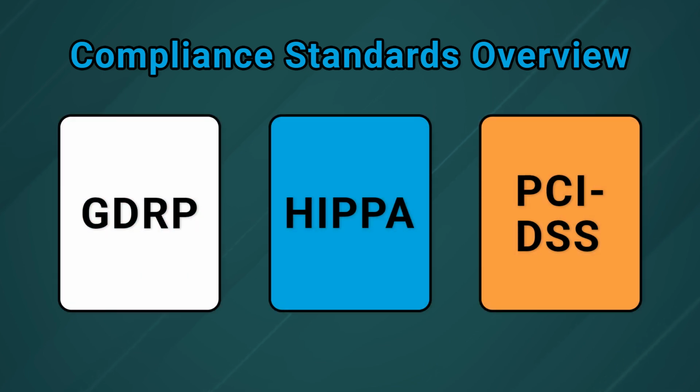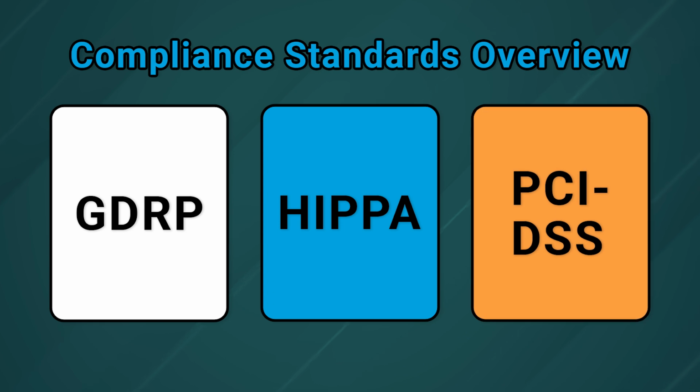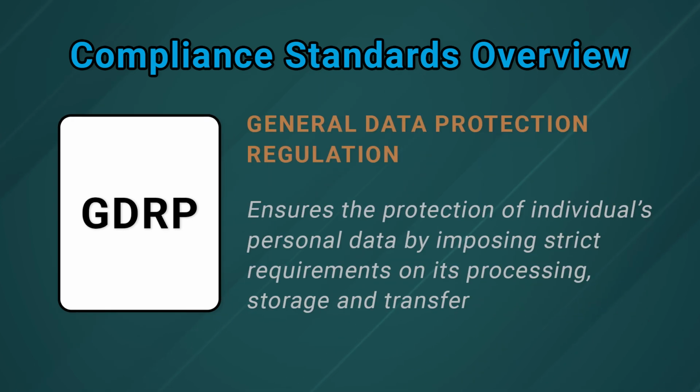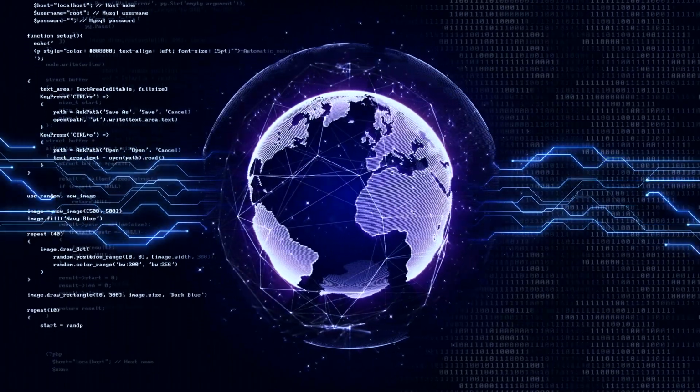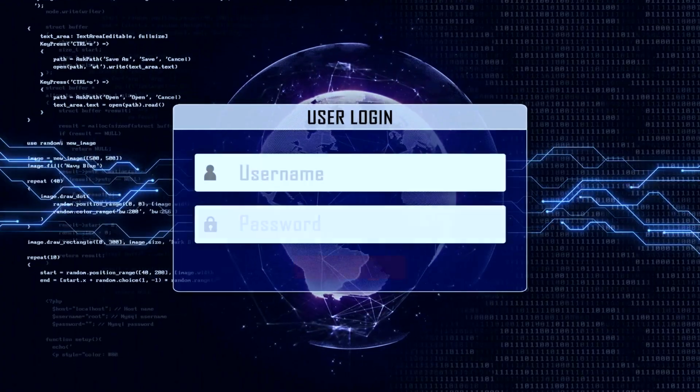Now, at a very high level, there are three types of regulations: GDPR, HIPAA, PCI-DSS. GDPR stands for General Data Protection Regulation, and it ensures the protection of individuals' personal data by imposing strict requirements. Let us say you are using a website, you are getting user data, and you are creating accounts of your users.